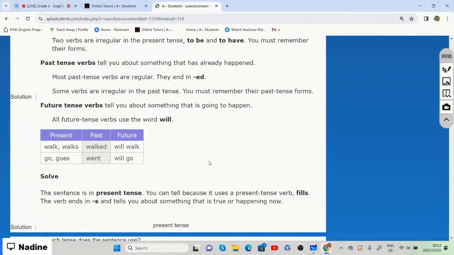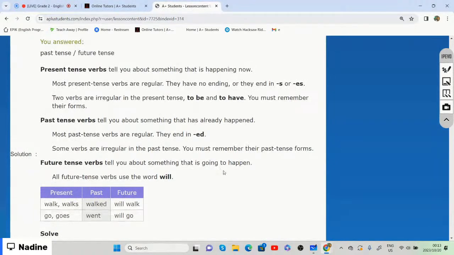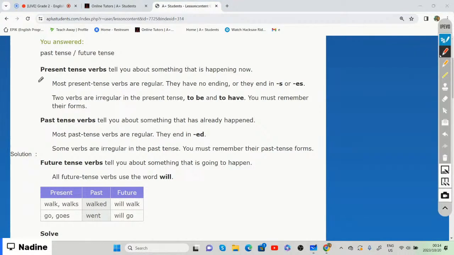So we mentioned that present tense verbs tell us something that is happening now, right? And we say that most present tense verbs are regular, with either no ending or the ending is s or es.